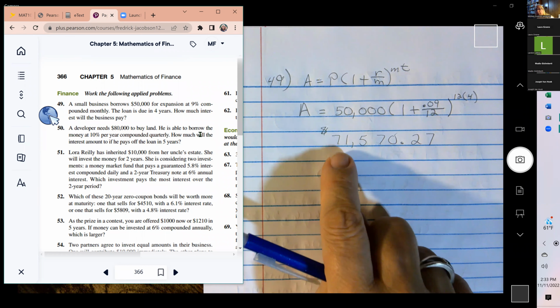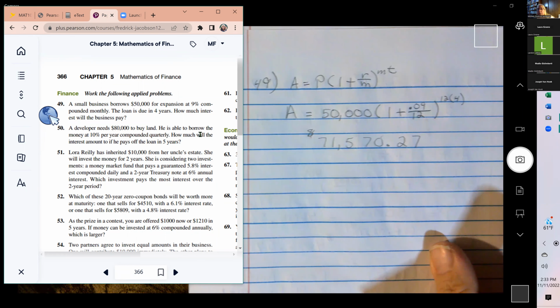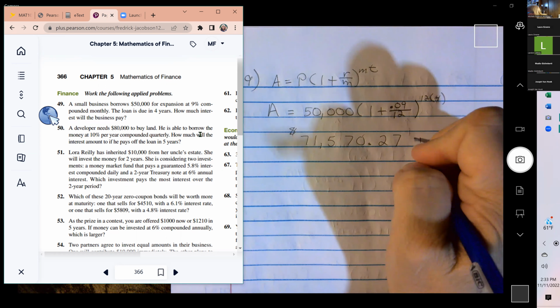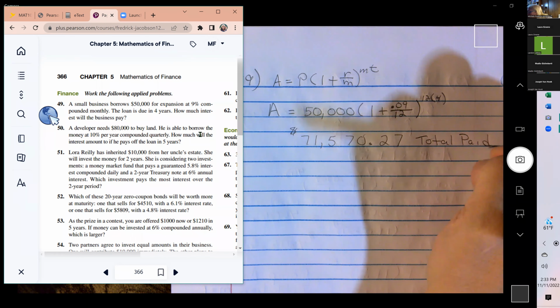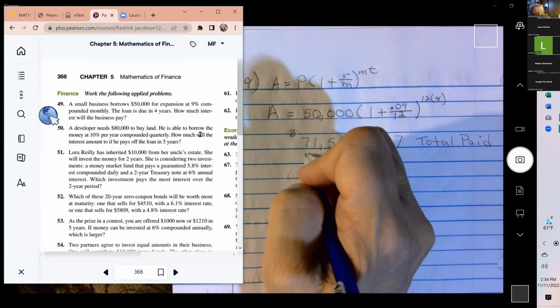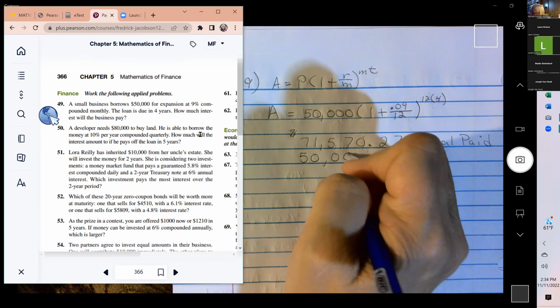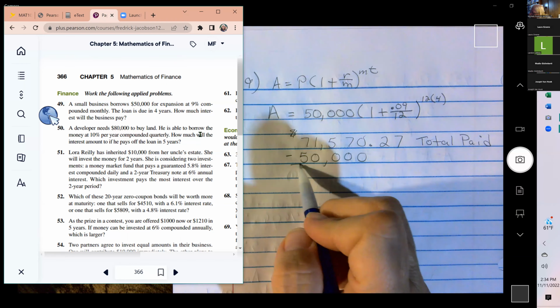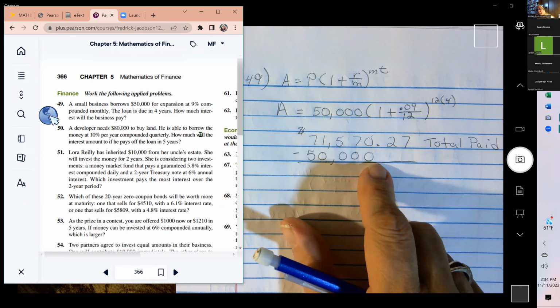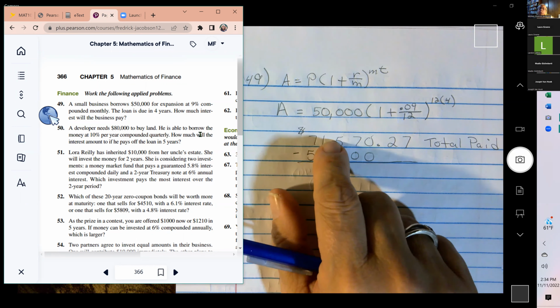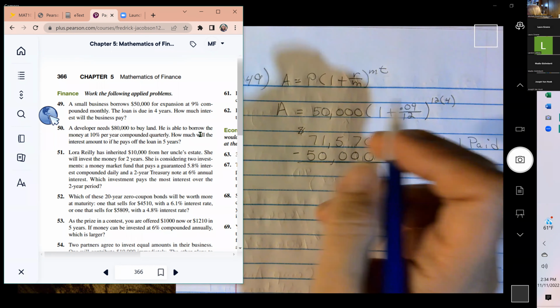The total amount paid. To find the interest, just subtract what you paid, because it was worth $50,000. If you paid this much, subtract them, and that's what you paid in interest.